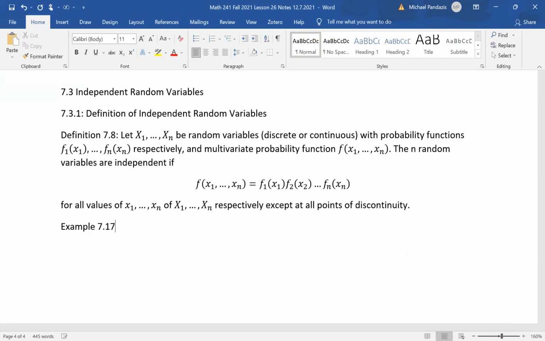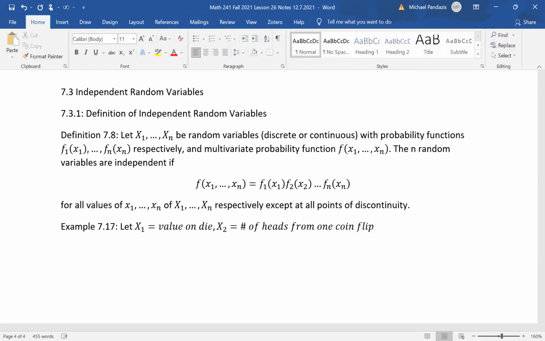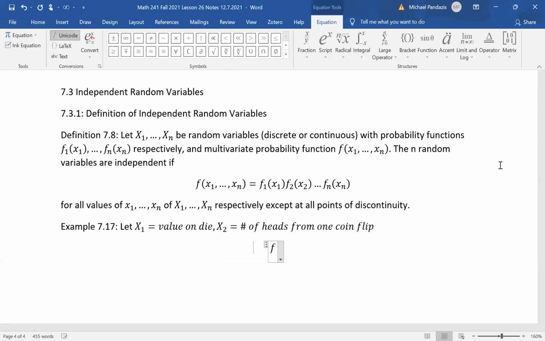Okay, so example 7.17. Let X1 equal the value on a die. Let X2 equal the number of heads from one coin flip. So either 1 or 0, right? If it's heads, it's 1.